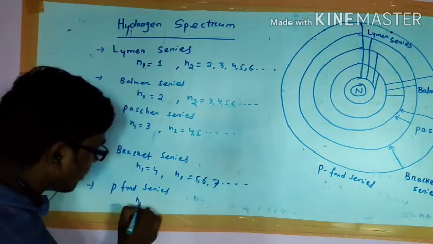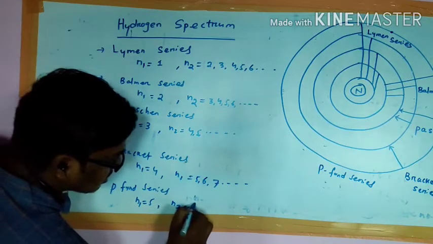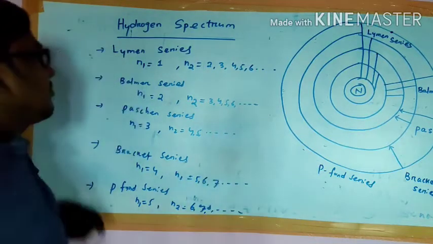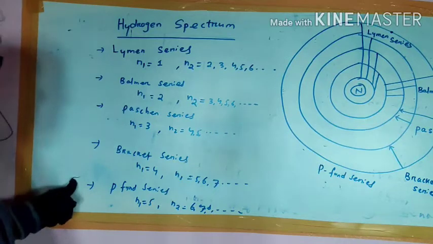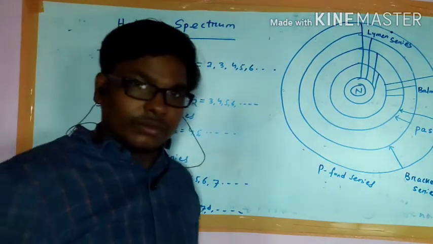And for Pfund, N1 is 5 and N2 is 6, 7, 8, and so on. So there are 5 spectral series of which the hydrogen atom is made up.